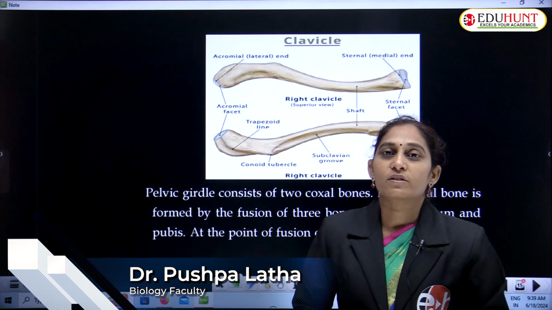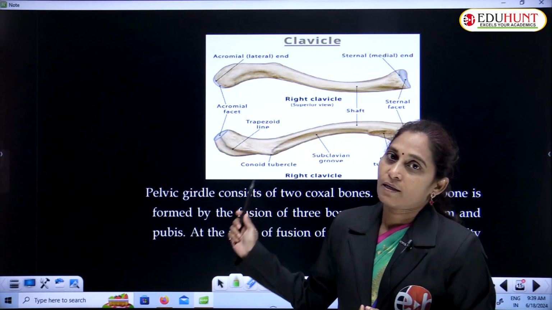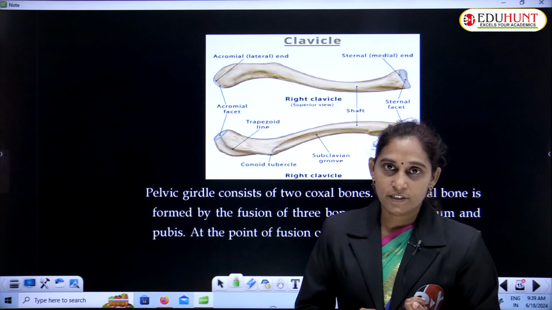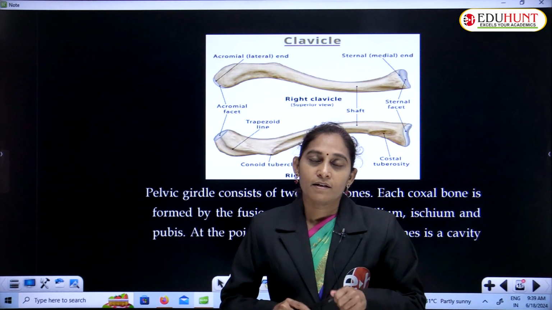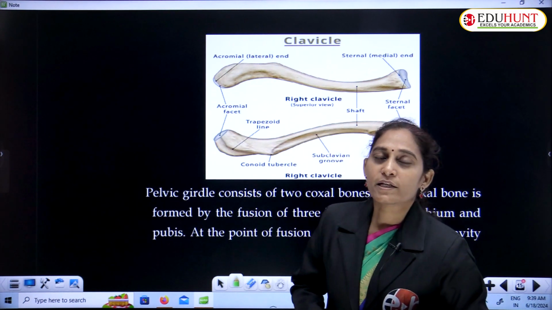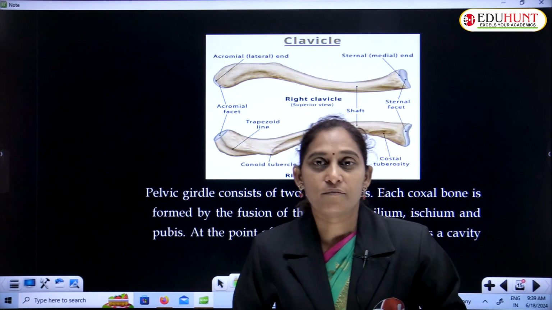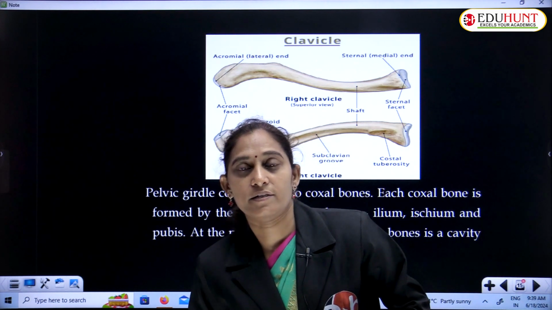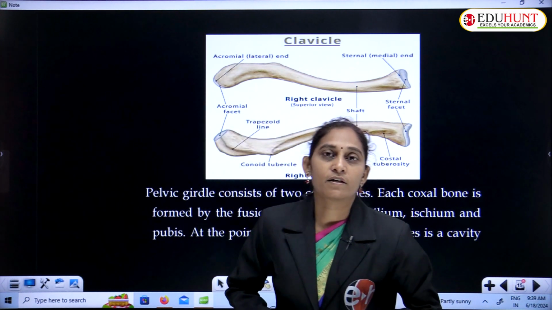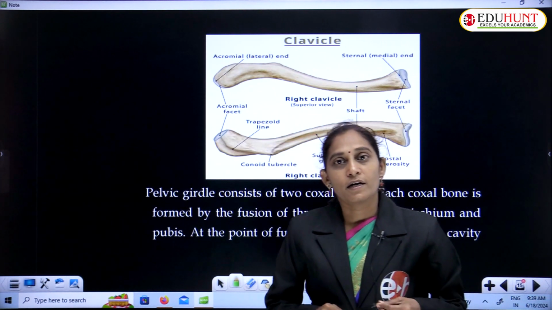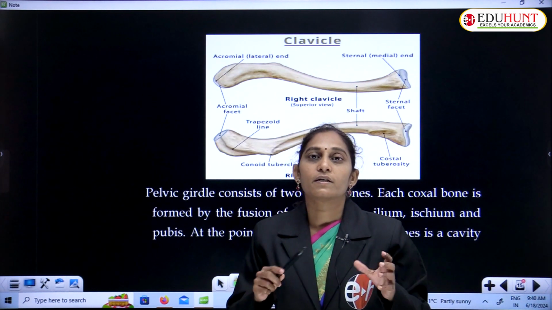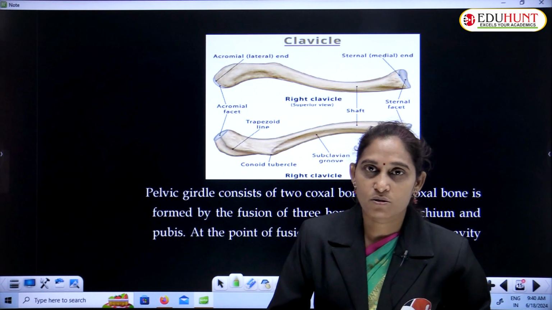And now we are going to discuss the pelvic girdle, which is a part of the appendicular skeleton. We know what an axial skeleton is and what an appendicular skeleton is. The axial skeleton is made up of the skull, the vertebral column, and also the rib cage.